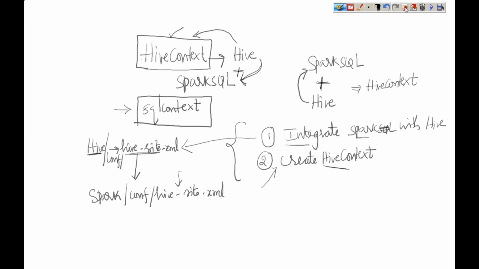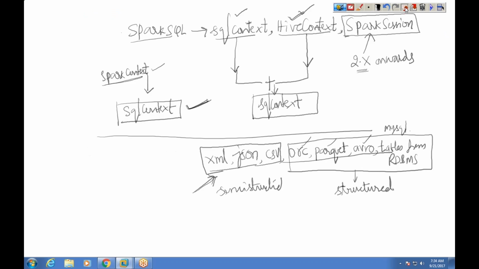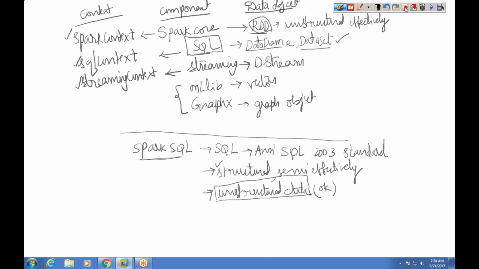I will try to recap the things. These are the various components, these are the data objects, and these are the contexts that are required. Currently we are dealing with Spark SQL. The data holding objects are called DataFrames and Datasets, and the contexts are SQL context, Hive context and Spark session.